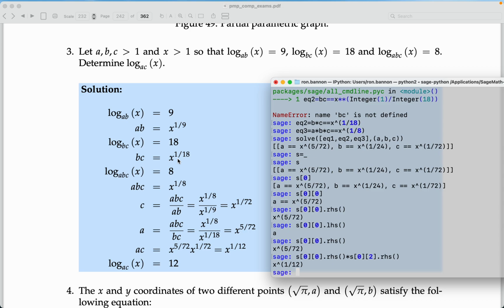And let's see. AC to the 12th is equal to x. AC to the 12th is equal to x, right? Yeah, that's fine. All right, we did all right.